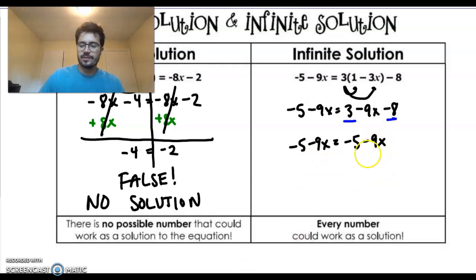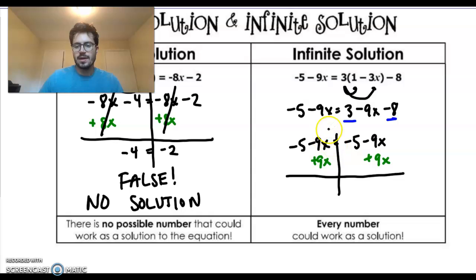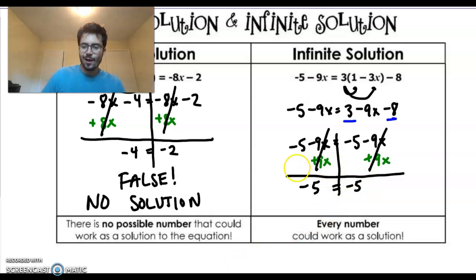Let me bring all the variables to one side. So I'm going to add 9x to both sides. That makes them disappear. And I'm left with negative 5 equals negative 5. This is always true.